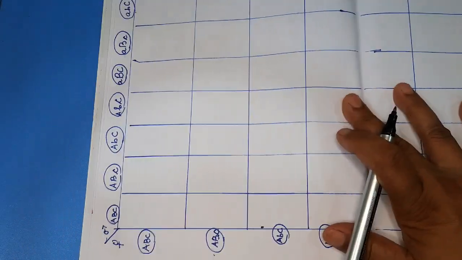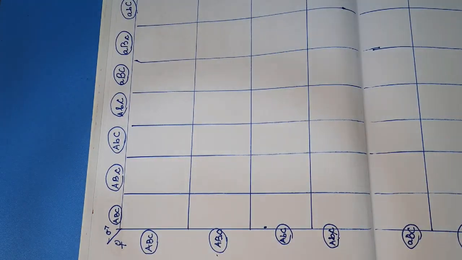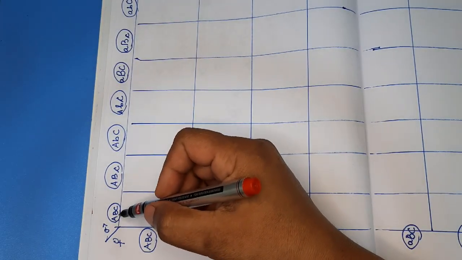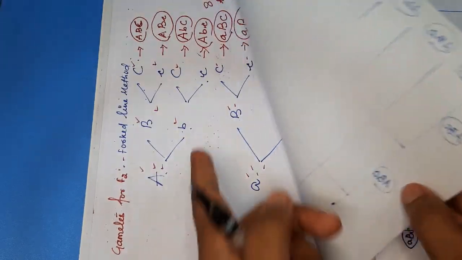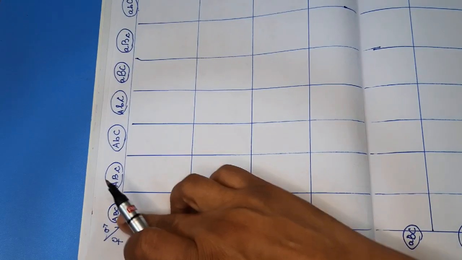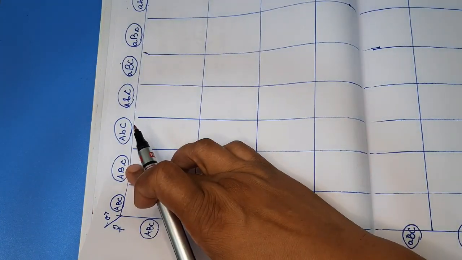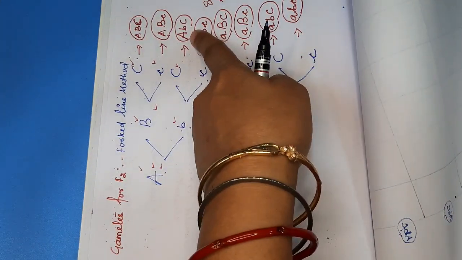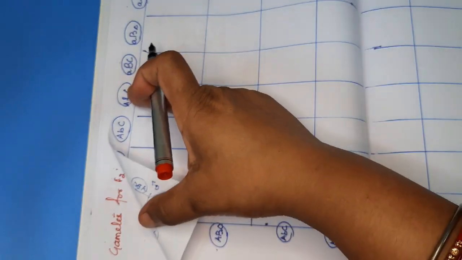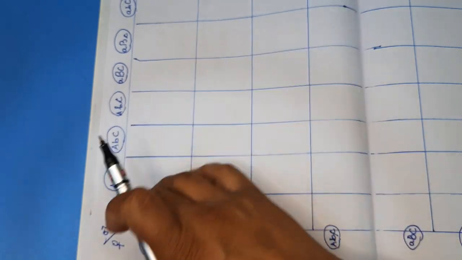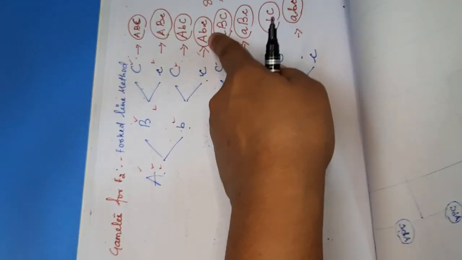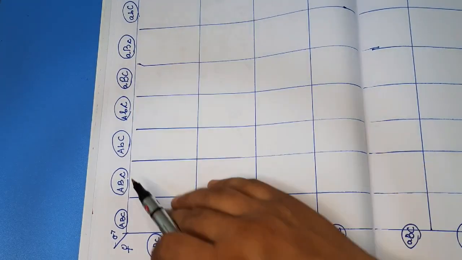So already I have made it for your convenience. So here I just have to go on writing. Just refer to this page. This genotype I have written here. This genotype I have written here. This genotype I have written here. The 4th genotype, this I have written here.